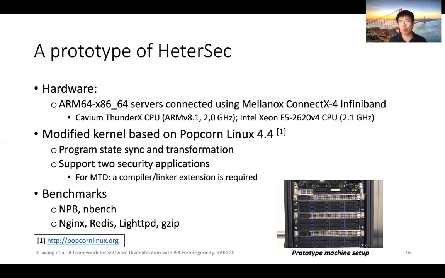For the second application, the MTD application, the compiler and linker extension is required. We ran several benchmarks, including NPB, Nbench, and some other real-world applications like Nginx, Redis, Lighttpd, and gzip.